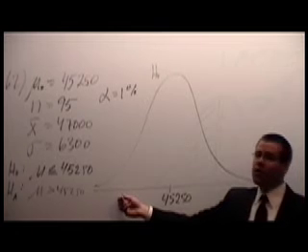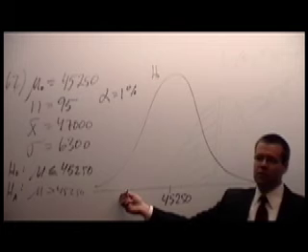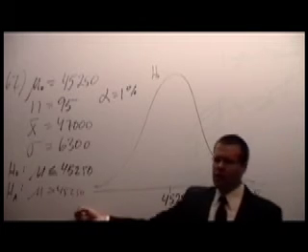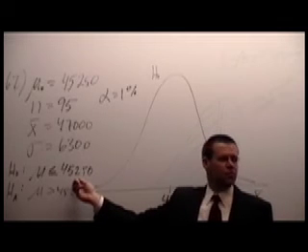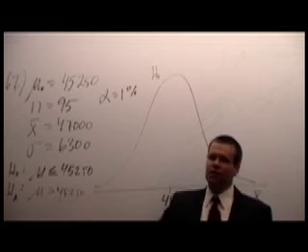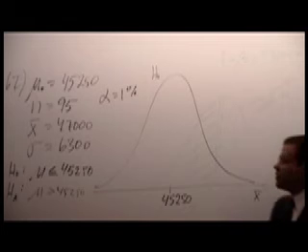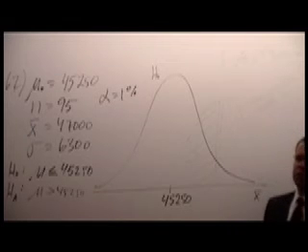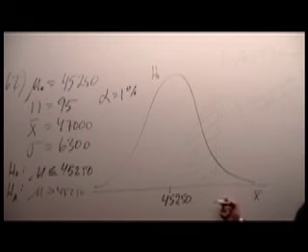It's consistent, so we're not likely to reject the null hypothesis if we get an X bar down here, yes? Everybody see that? Even if you got an X bar of $10, you wouldn't reject the null hypothesis, right? The null hypothesis is that mu is less than or equal to 45,250. Any number less than 45,250, you wouldn't even bother with statistics, because there's no way that this data would ever convince you that mu is greater than 45,250 in that case. So the cutoff is going to be up here.